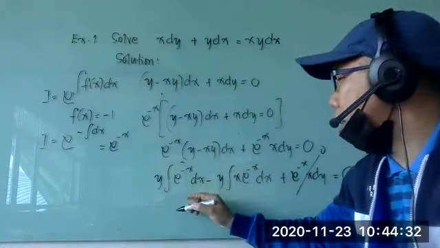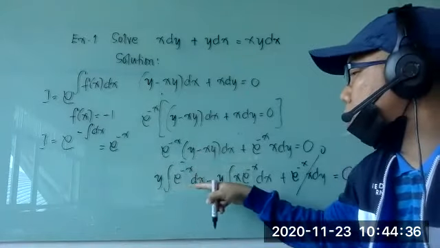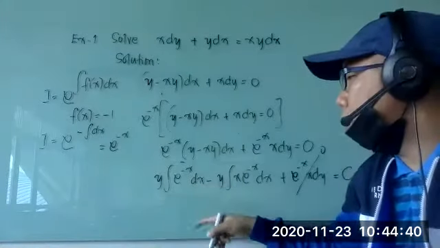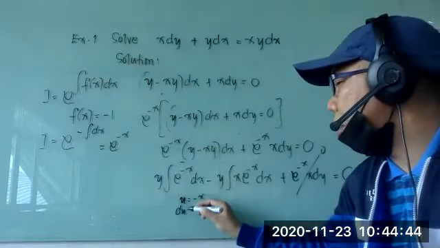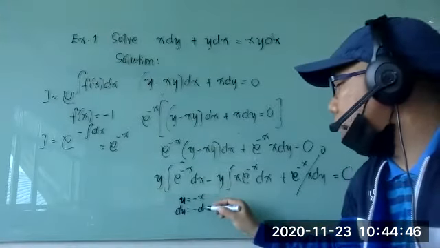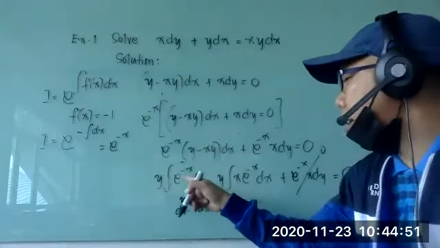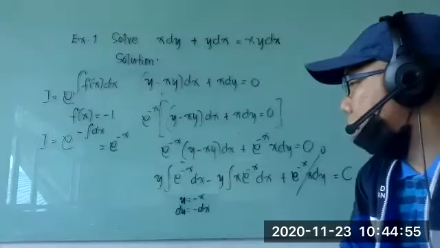So, the answer to this one is e raised to negative x dx, integral nito. So, you have a neutralizing factor, di ba? So, kung yung u natin dito is negative x, your du should be negative dx. Positive ito. So, what you will do is you multiply negative here and then neutralize that by negative 1 outside.